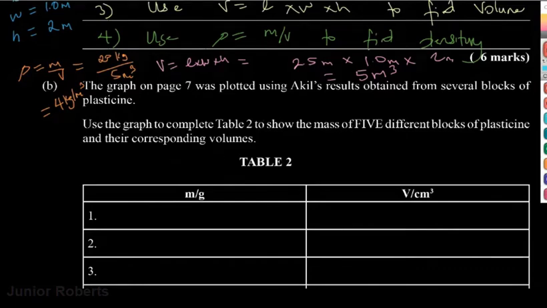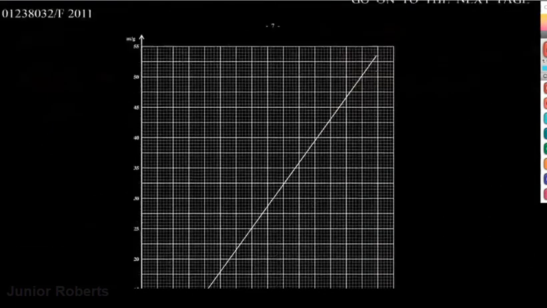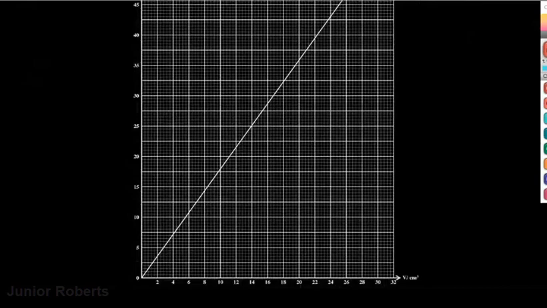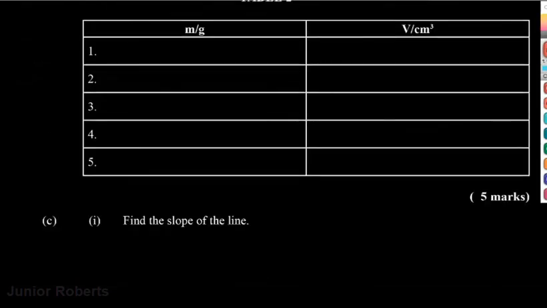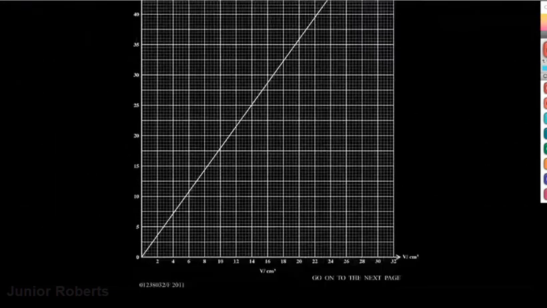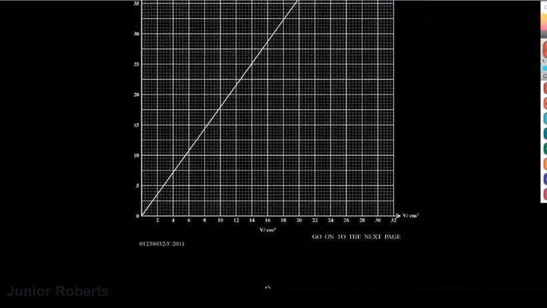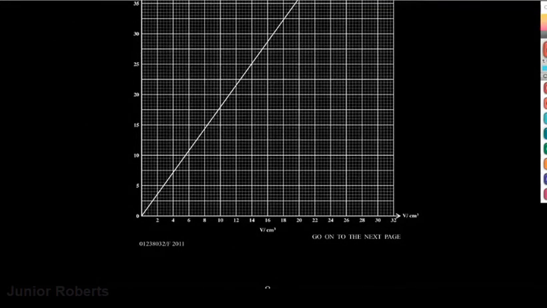So for this, what we'll have to do is to use our graph. All right, this is our graph right here, and we're going to choose any 5 points on our graph. So we're going to choose any 5 random points and read off their values. So I'm going to choose the points, and then we're going to go through and read off the values.